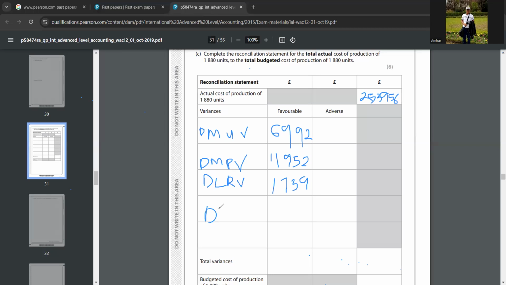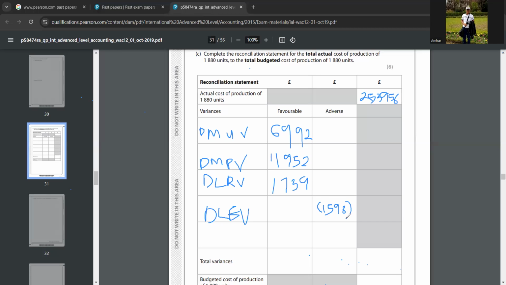Again here you can put direct labor efficiency variance, and that value is 1,598 adverse. So where will you record that? Under the adverse column. Yes, so you can show 1,598. So is that all or do you have more? No, still you have more.